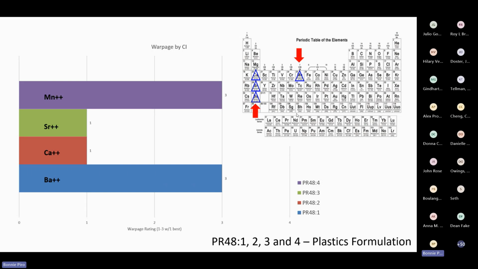Both the barium and the manganese, the 48.1 and the 48.4, do have a poor warpage rating of a 3 versus the other two having a warpage rating of a 1. Kind of interesting to also see where they're located in that periodic table versus this particular property.